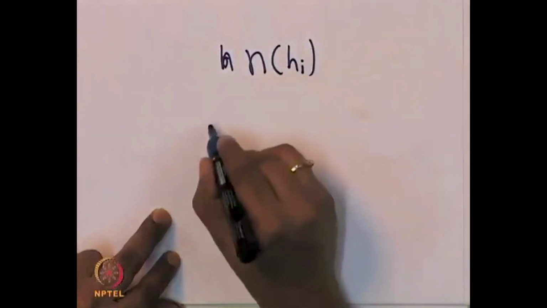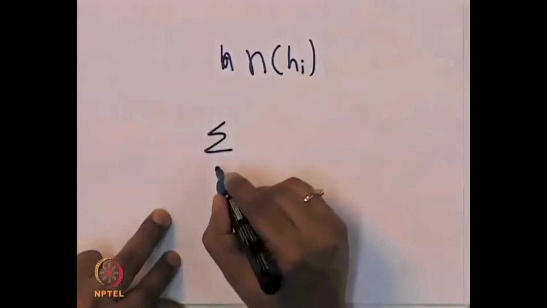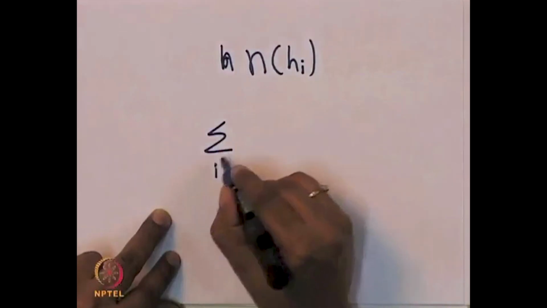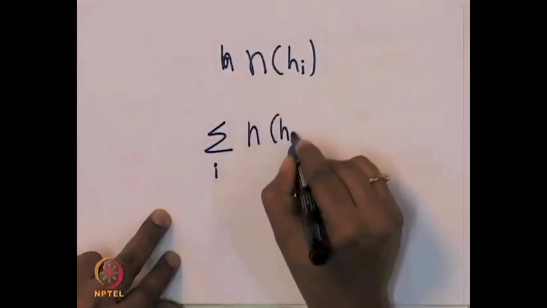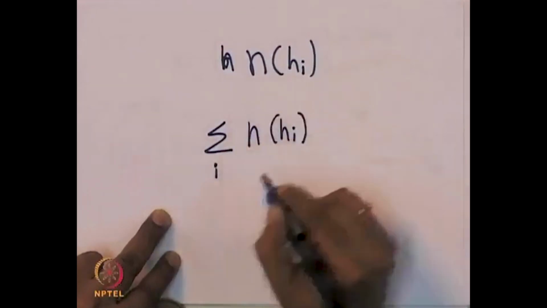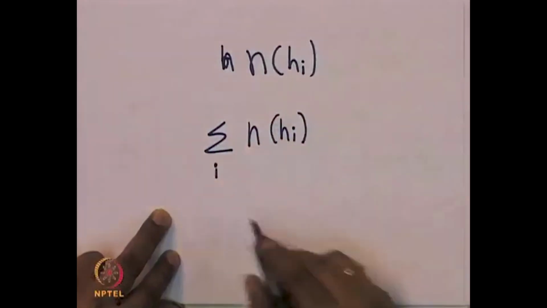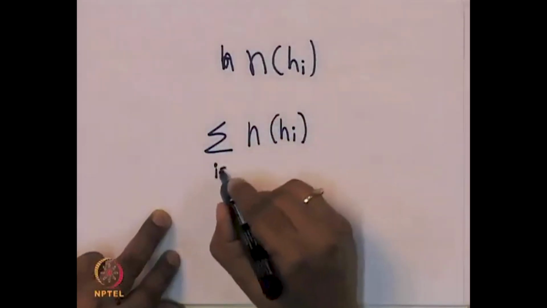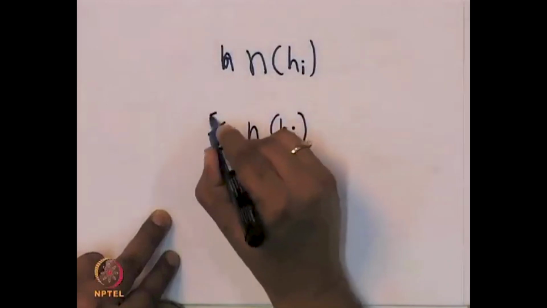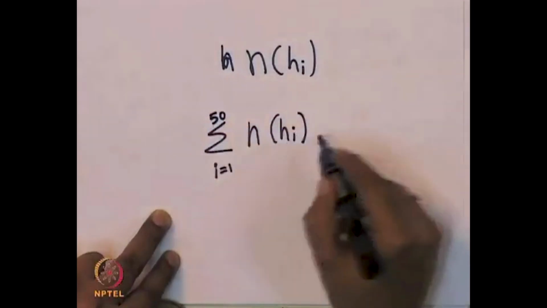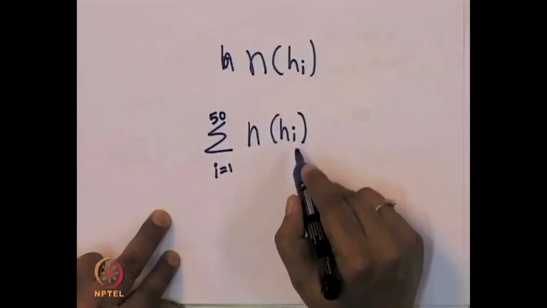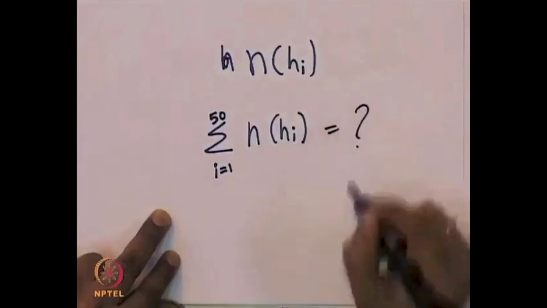Now, if you do this sum over i of N of Hi, what does this mean? If I write sum over i equals 1 to 50, there are 50 different heights now. What does this imply?